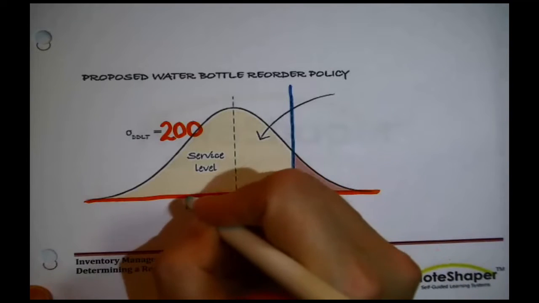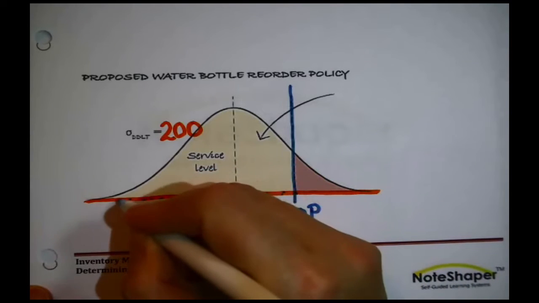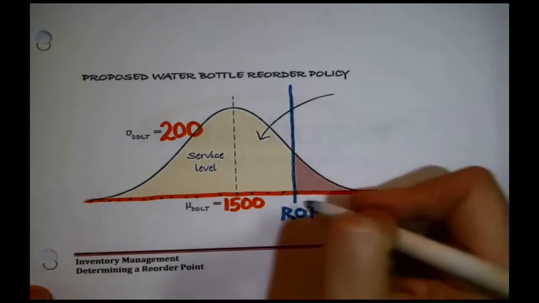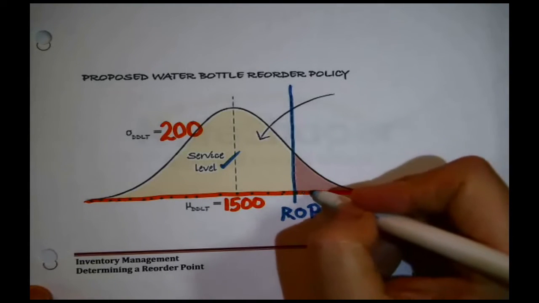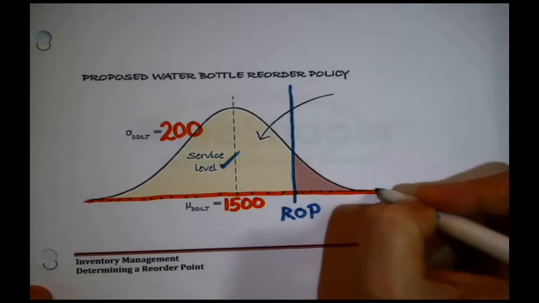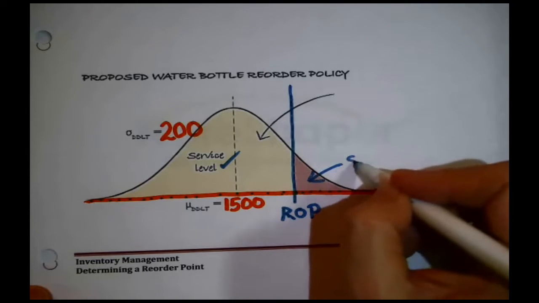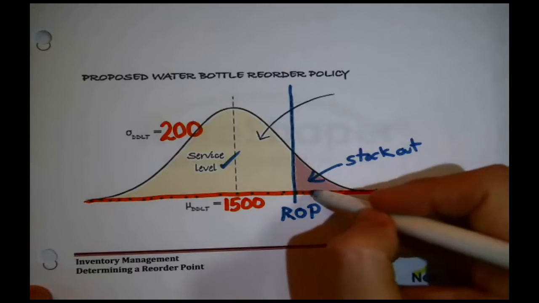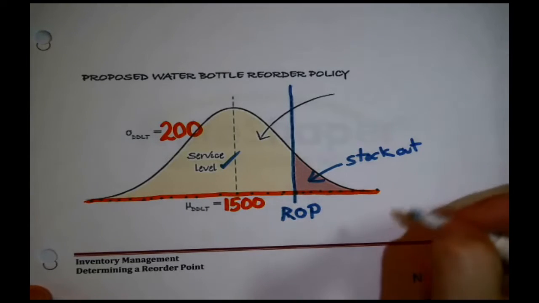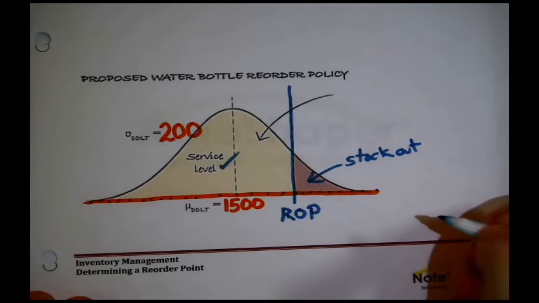This is all the different futures in which demand during lead time was less than the reorder point, so we did have enough. And what's excluded to the right is all of those futures in which demand for bottled water exceeded supply during lead time and we stocked out.